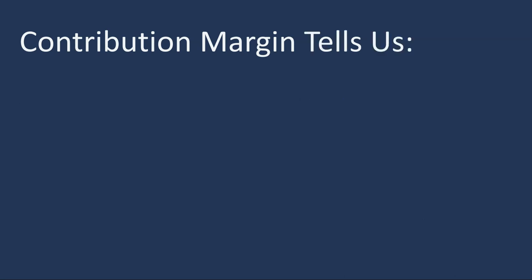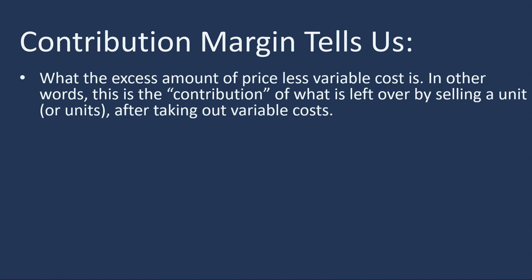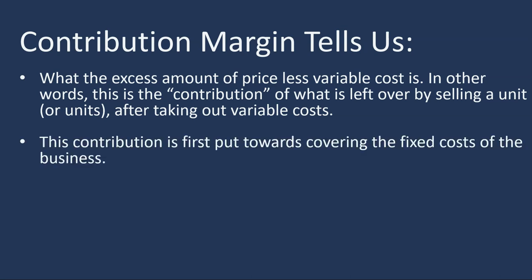So the contribution margin tells us what the excess amount of price less variable cost is. In other words, we're looking at the contribution of what is left over by selling a unit or units after taking out the variable cost of producing that unit. The contribution, or the remainder of the amount, is put towards covering fixed cost, hence the name contribution margin.